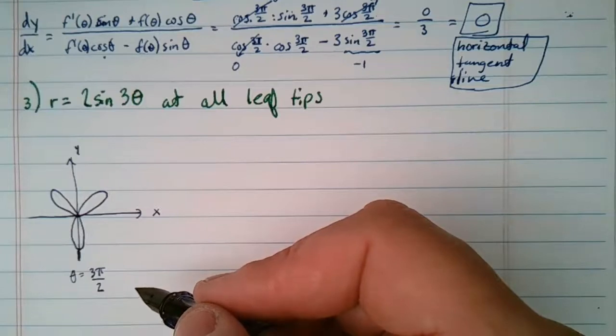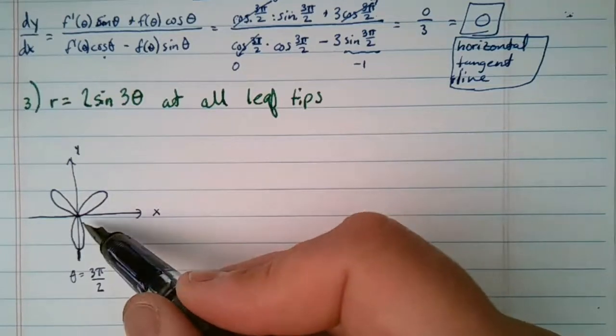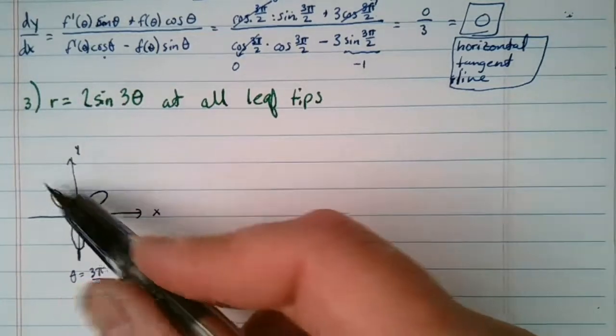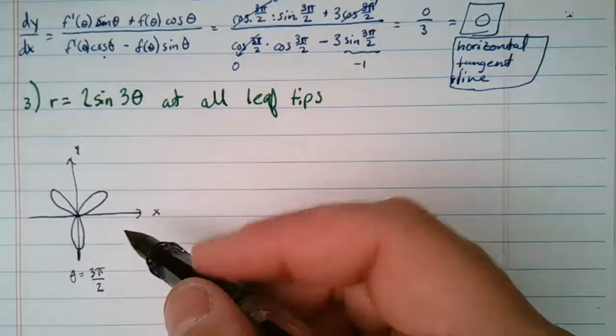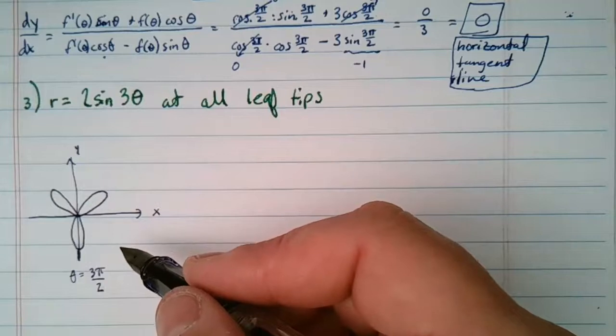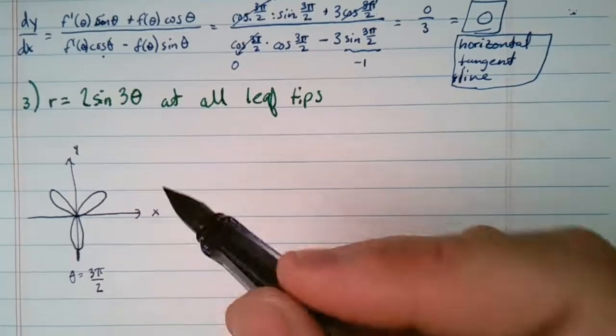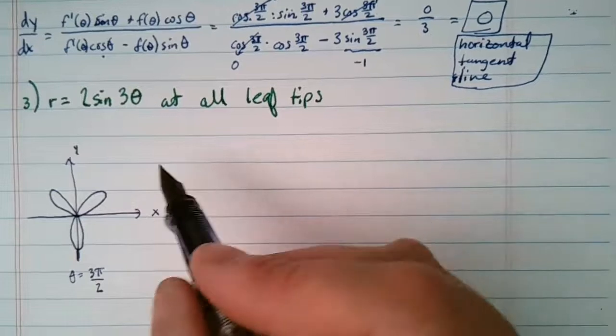Okay, now what's going to happen is this and this are actually going to cut our quadrant into thirds. Okay, thirds. So that's going to be 120 degrees, if you're a degree person, or it is going to be 2 pi by 6, or 2 pi by 3.